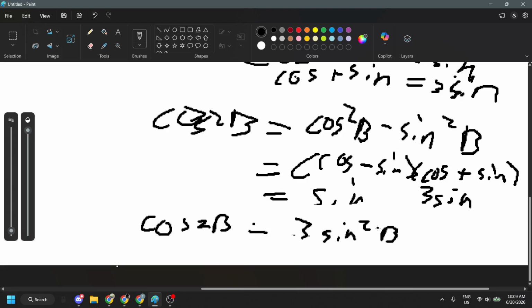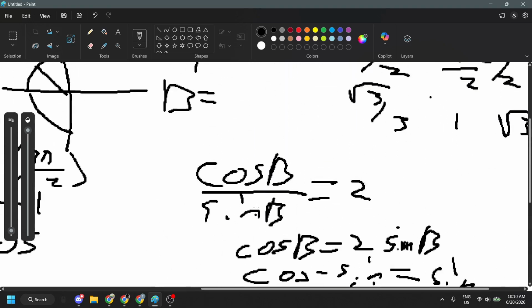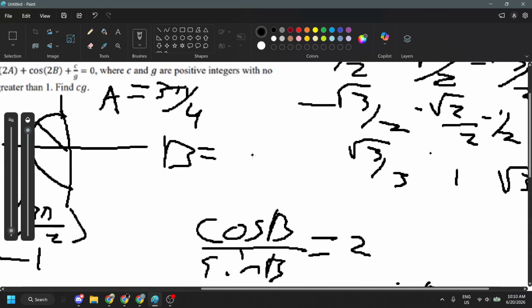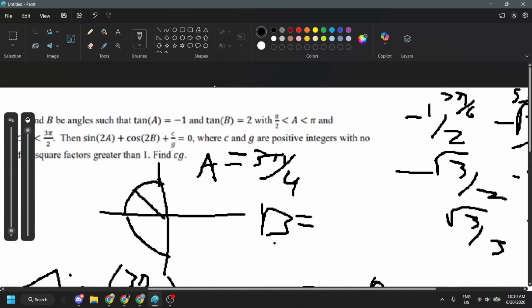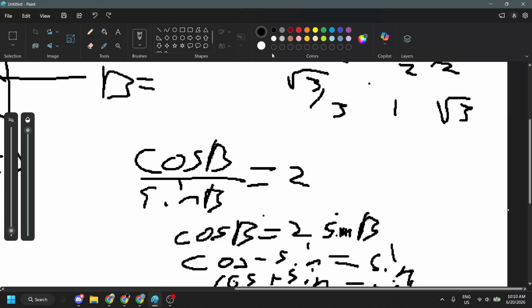Okay. So we still don't know what B is, or what cosine of B is, or what sine of B is. But we do know... oh my gosh. We know that x squared plus y squared is equal to r squared.